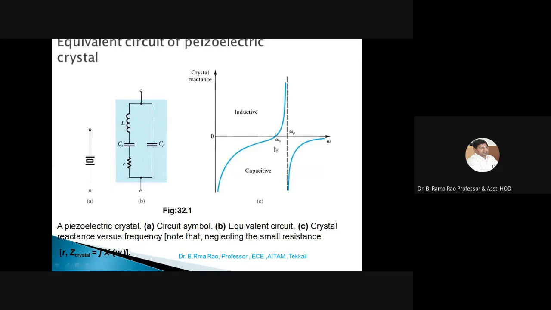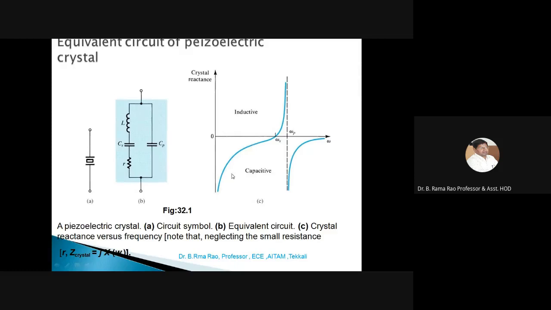The x-axis is the frequency axis, and this is the reactance part.